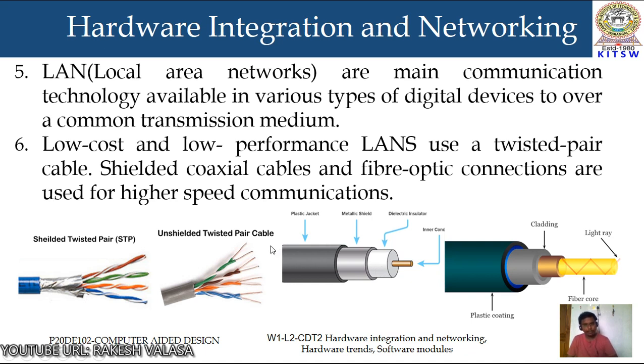An insulating protective coating called the jacket covers the outer conductor. You can see this black colored coating is called the jacket. The outer shield protects the inner conductor from outside electrical signals.